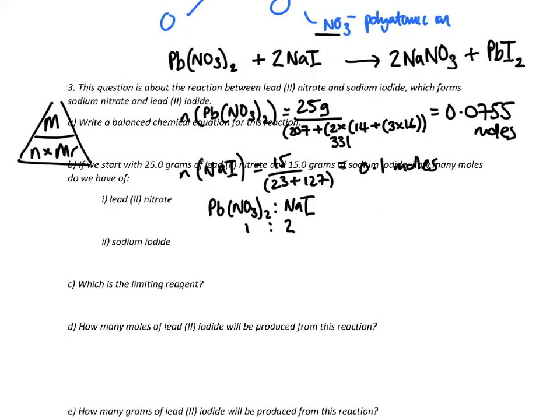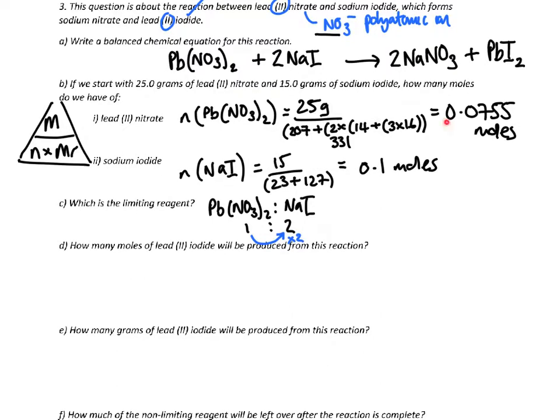Therefore, if we keep things simple, whatever number of moles of lead nitrate I've worked out up here, which is 0.075, I would need twice the amount of moles in order for all of that to react, because 1 going to 2 is times 2. So if I input the number that we've worked out up here for lead nitrate, that is 0.0755.